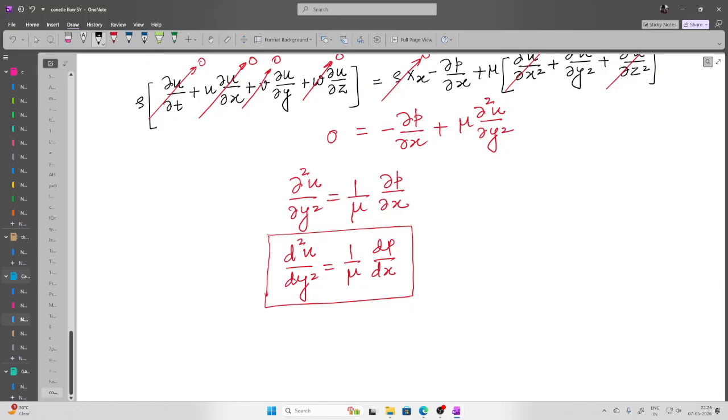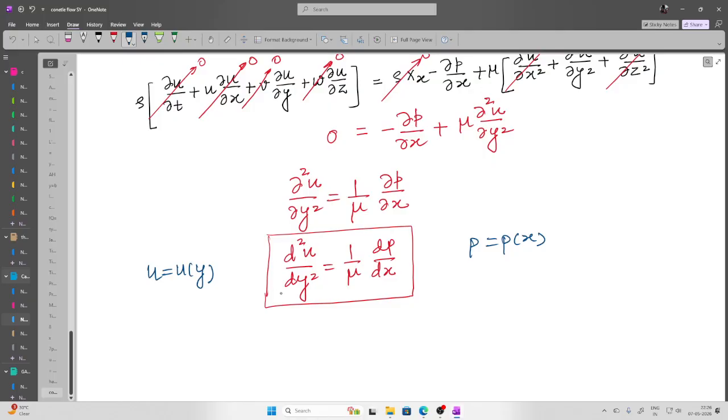Now, why is it very easy to solve? Right hand side is a what? Is a pressure term. Left hand side is a velocity term. Already you have seen that u is solely a function of y, and you have also seen that p is solely a function of x. So if p is solely a function of x, then its derivative can be either a function of x only or a constant.